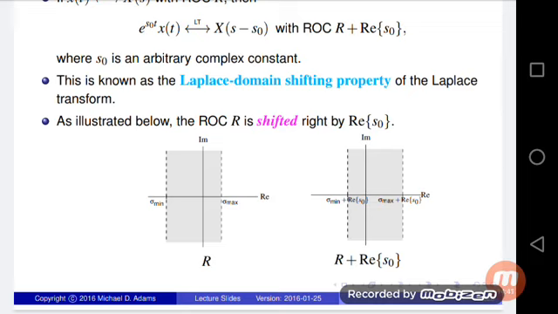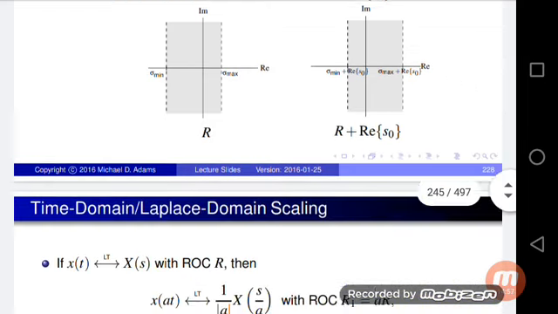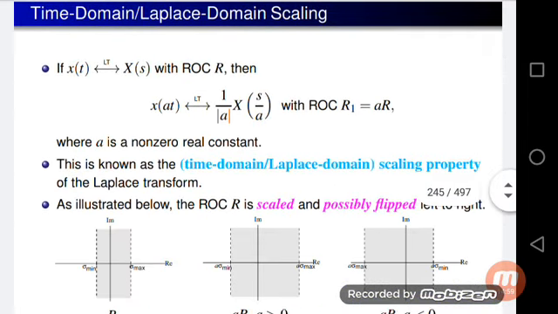A single R represents the general signal, but when we are increasing to R plus the real part of s naught in the frequency domain, the wave is shifted slightly to the right side. So these are the different properties when we are changing signals from one place to another.